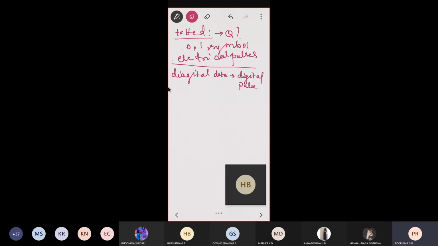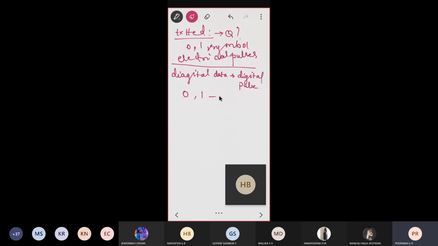So what is the difference? How do you distinguish digital data and digital pulse? There are different ways to represent this digital data. I take 0, I take 1. This is my digital data.